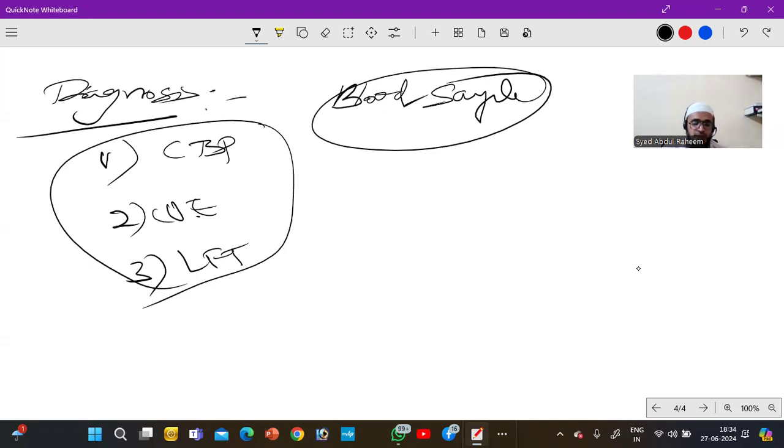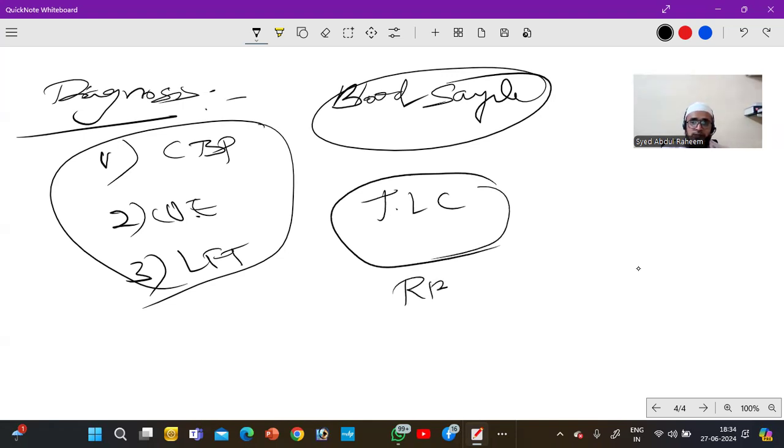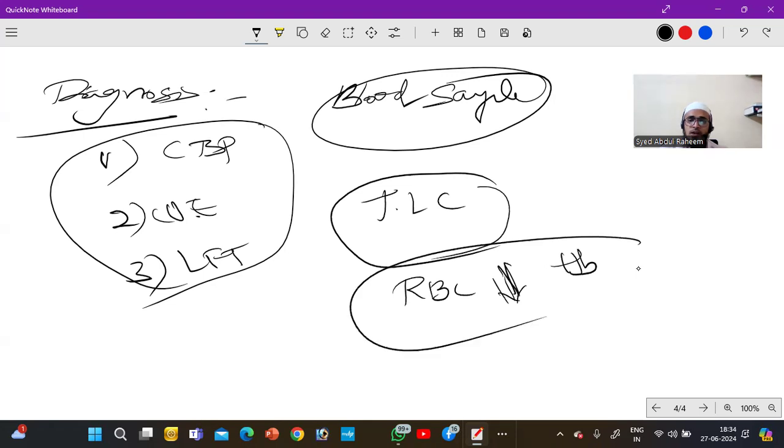In this, we see a large amount of TLC involvement, and RBC changes sometimes if it is pre-hepatic, because a large number of RBCs are breaking down. So we will see low RBC and low HB, and TLC will increase due to the inflammatory factor.